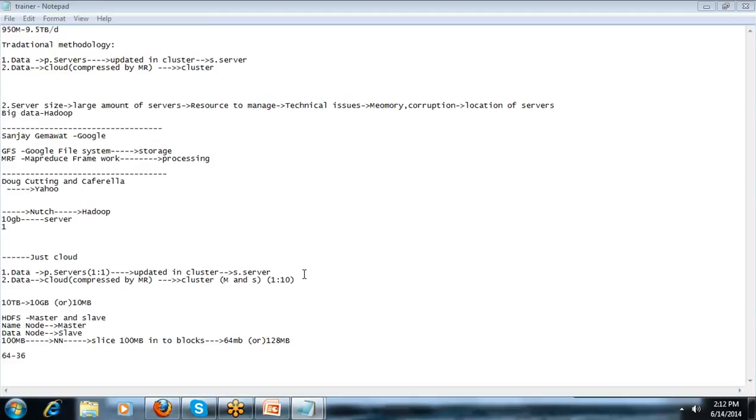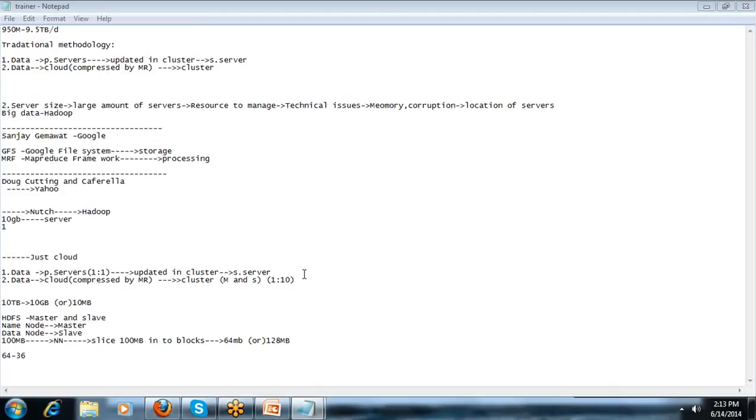It has a limitation. For example, if your server capacity is 10 GB, it can only accommodate 10 GB. It cannot extend; elasticity is not possible for servers. That is the traditional methodology, where we put the data into servers and access it from servers.